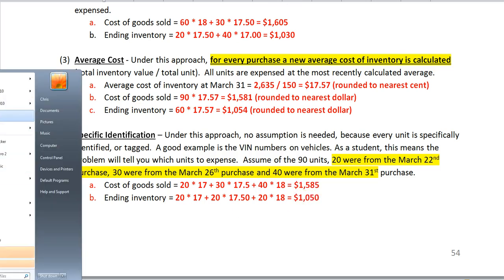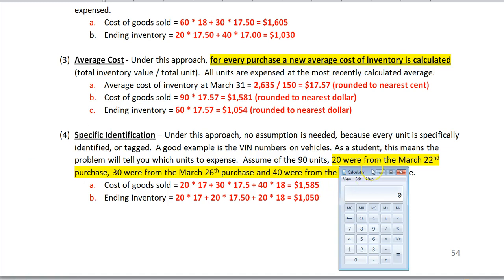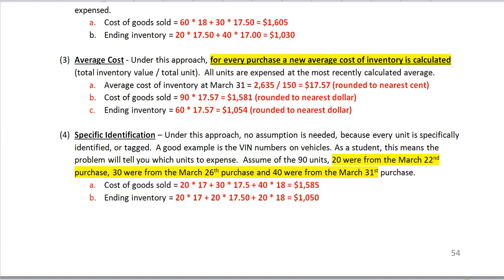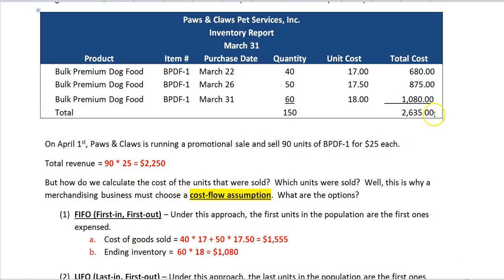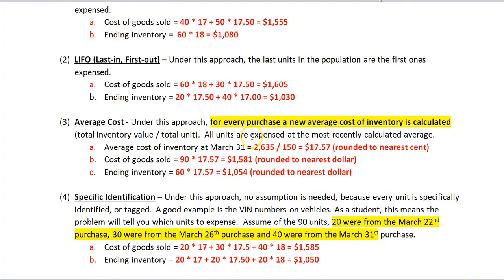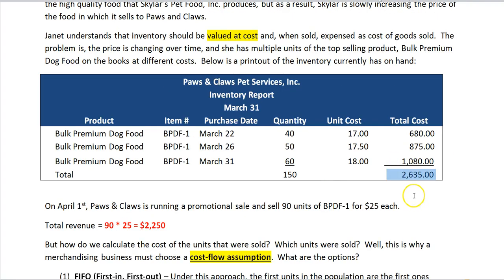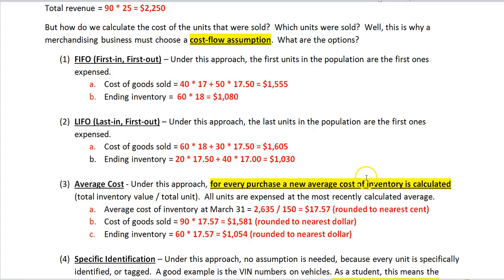Should be the case in all of them. May be off a bit from rounding, we'll see. 2,635. No, it ties exactly, 2,635. So in all of the methods, the total amount of expense and the total amount of the asset should equal the total cost of the inventory.